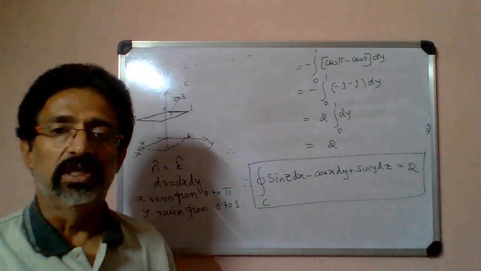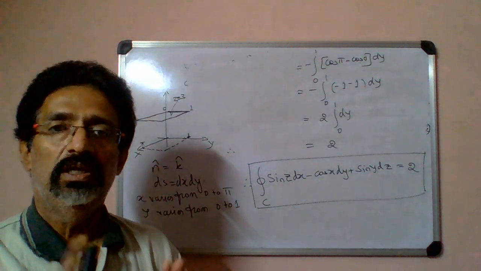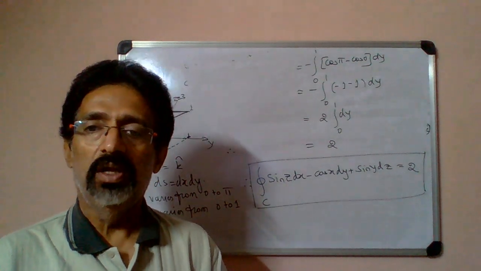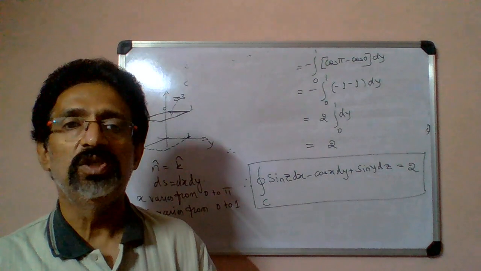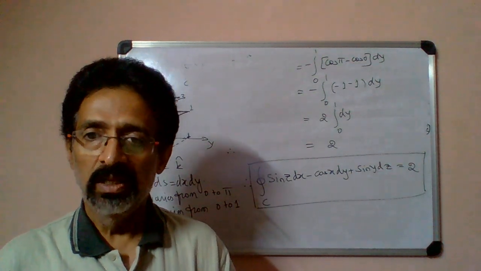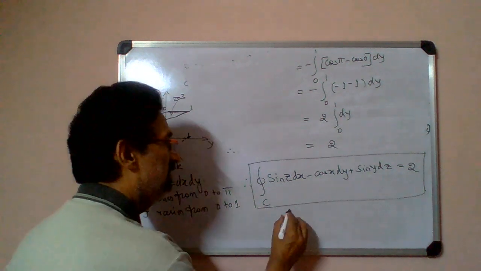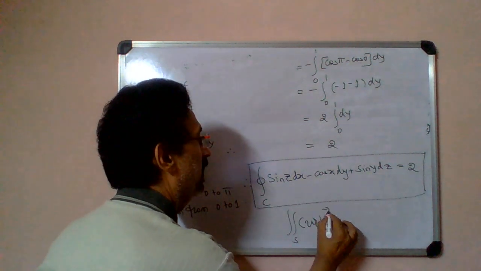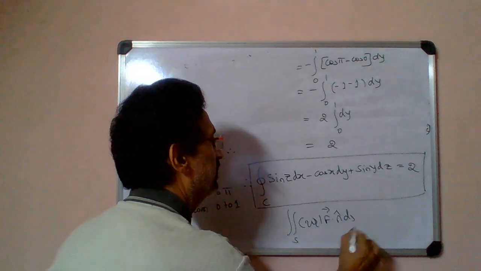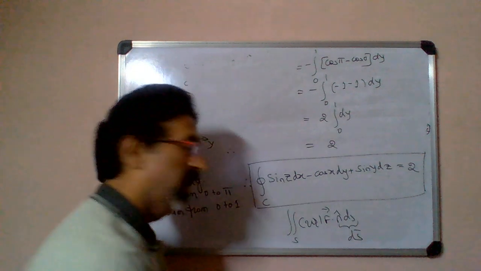So now in this lecture you came to know about Stokes theorem and how to solve problems using Stokes theorem. One more thing you came to know is that the double integral over S of curl F bar dot n cap dS, I can replace by dS bar.